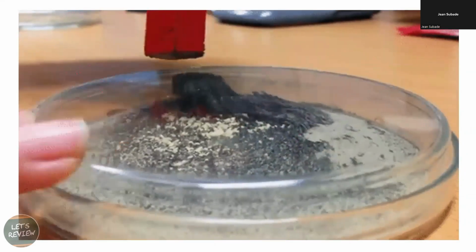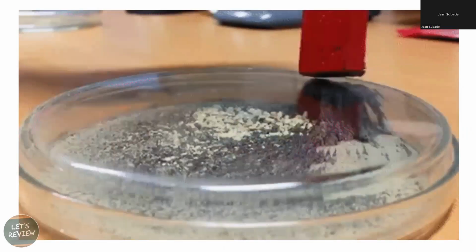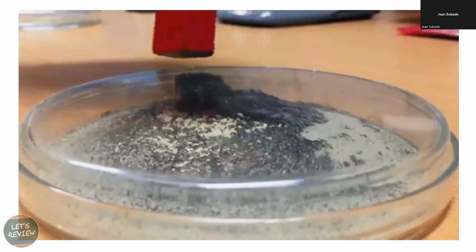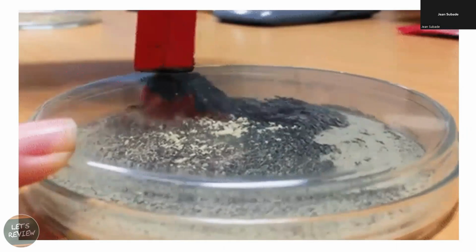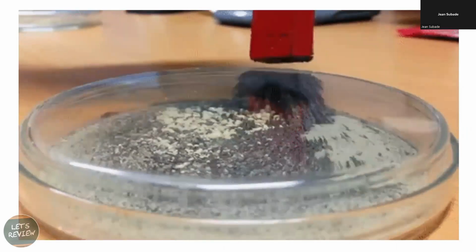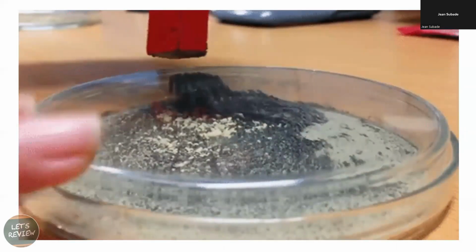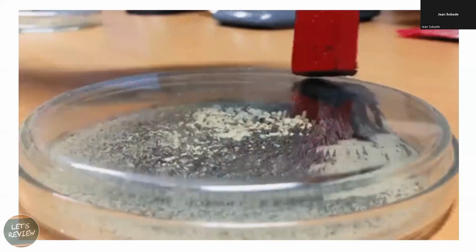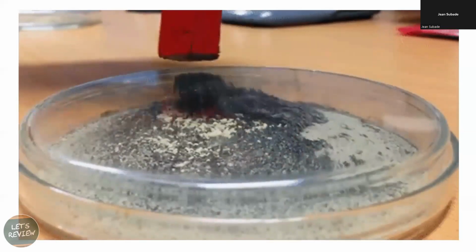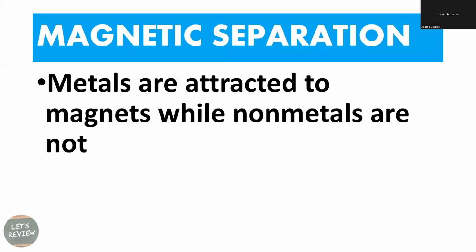In a mixture of sulfur and metal, you will see that there is a way we can separate them. Let's say metal mixed with sulfur powder, we can easily separate it this way, and that way is called magnetic separation.